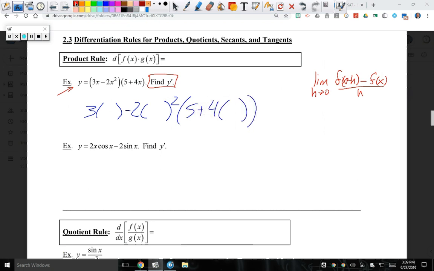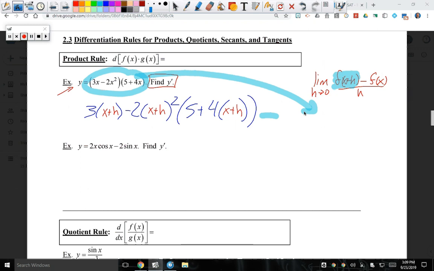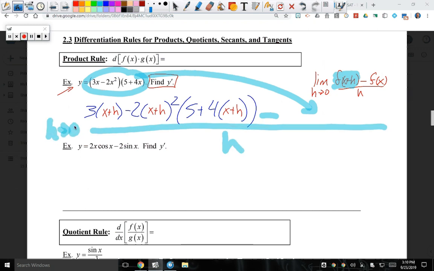We would look at this and say this is x plus h, x plus h, x plus h. And all this that we just did would just be this piece right here. We would still have to minus all of the f of x, put it all over h, and approach 0. And that would be a nightmare.